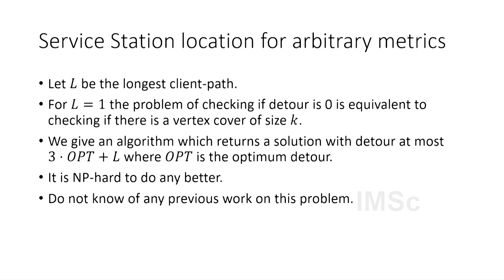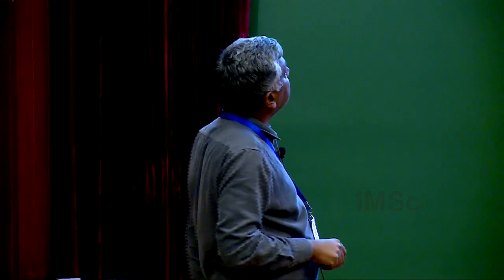So what happens when the metrics are arbitrary? It's not a tree metric. So just to recall, you have these paths, and you're given a number k, and you want to find out how to locate these facilities so that the maximum detour that any client has to take is minimized.